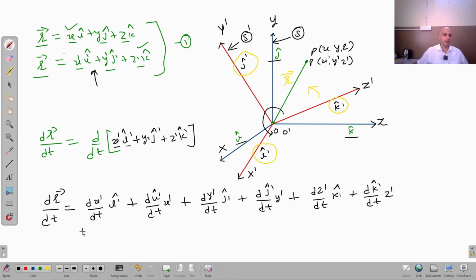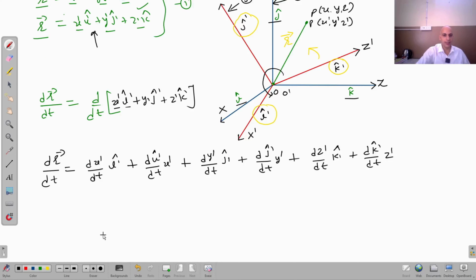So this is the differentiation of all these three terms. Then after arranging the like terms, I got dx dash upon dt times unit vector i dash plus dy dash upon dt times unit vector j dash plus dz dash upon dt times unit vector k dash.